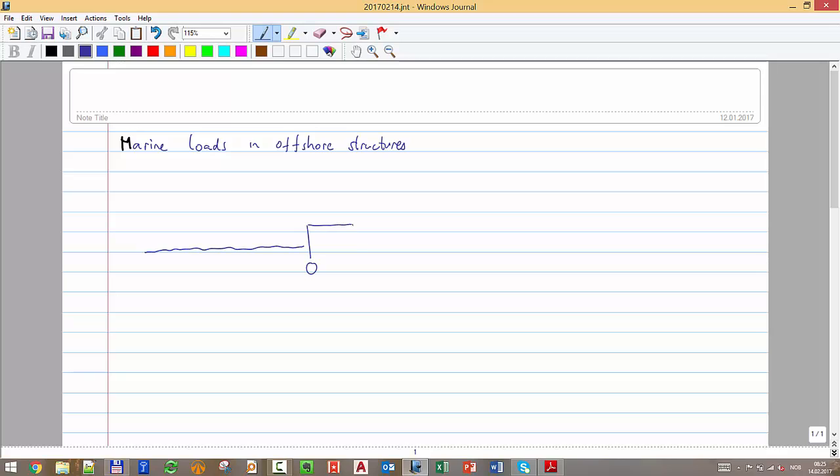We're going to say this is representing kind of a semi-sub, but really it could be anything. So we have three types of marine loads.